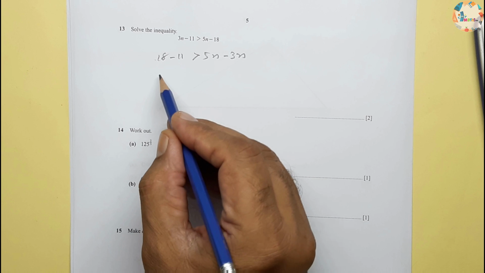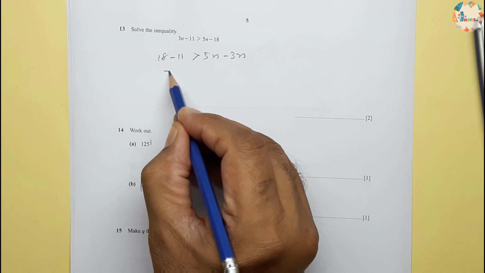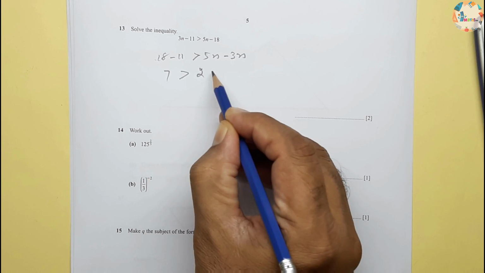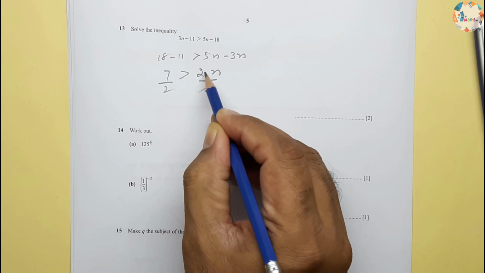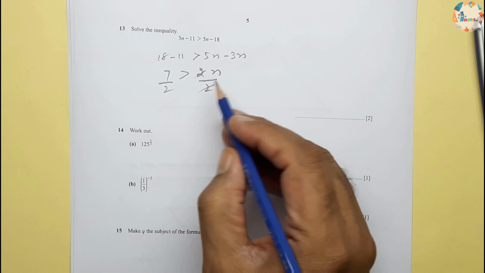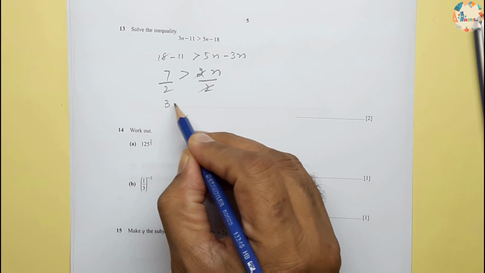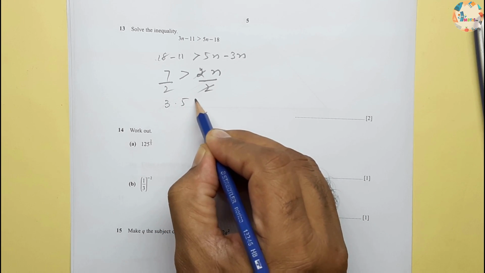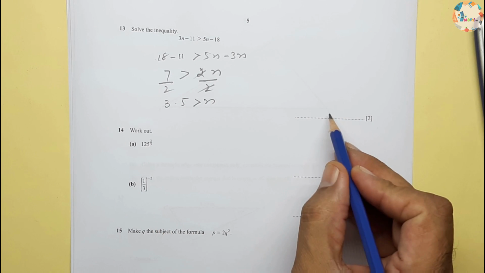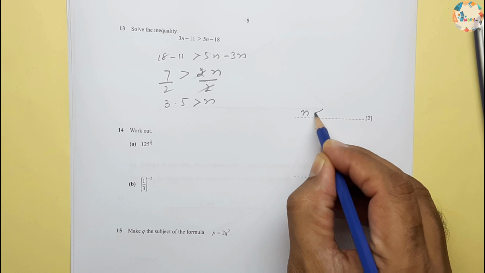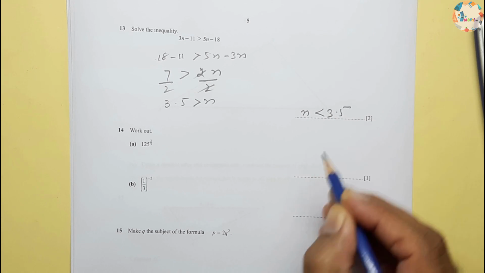So this will be 18 minus 11 will be 7 is greater than 2n. So we can divide both sides by 2. Positive number will not be affecting this. So 7 by 2 will be 3.5. So n is less than 3.5. So we can write 3.5 is greater than n, or we can write n is less than 3.5.